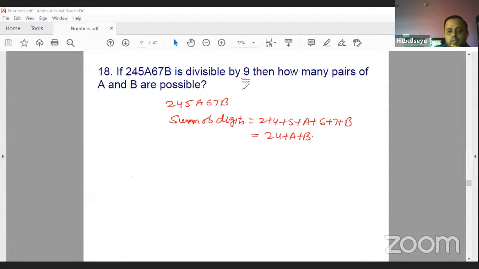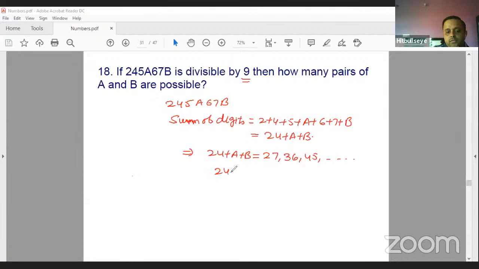Now the question says this number should be divisible by 9. That simply means 24 plus A plus B should be a multiple of 9. But 24 plus A plus B means you are going to get a number bigger than 24. So after 24, the multiples of 9 are 27, 36, 45 and so on.